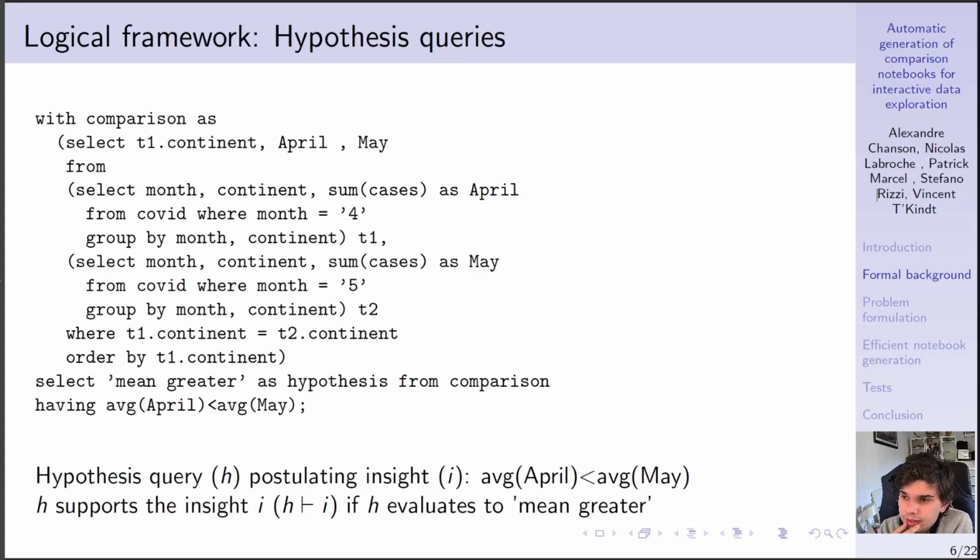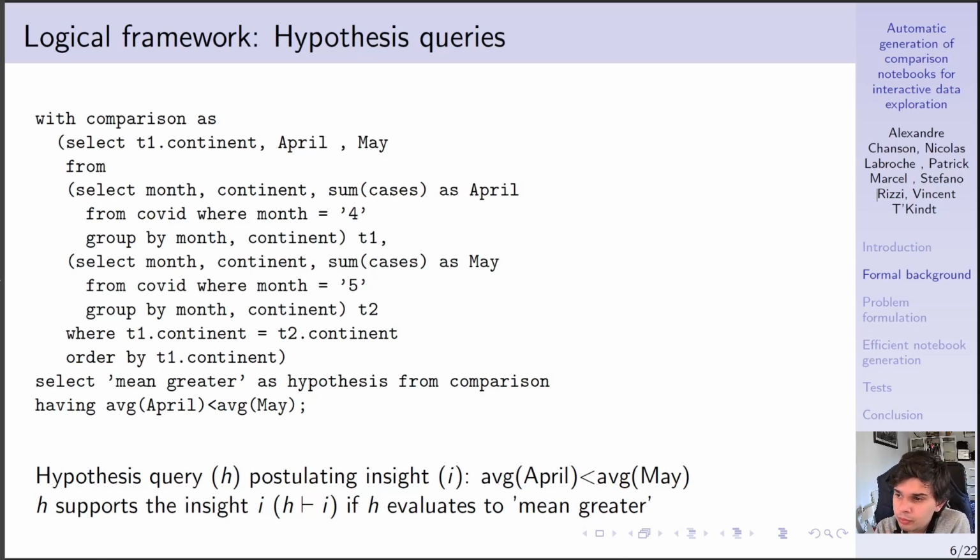To make a link between insights and comparisons, we need to formulate a hypothesis query. Here we have a simple example with the WITH clause in SQL, and it is simply used to verify that a comparison query is consistent with an insight.